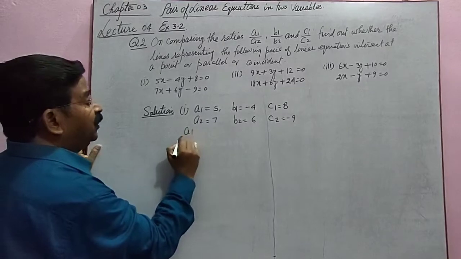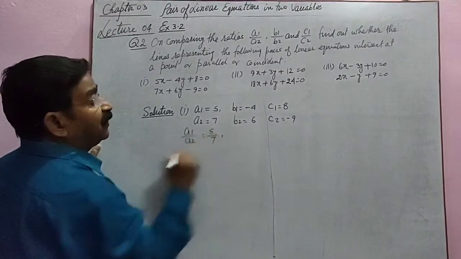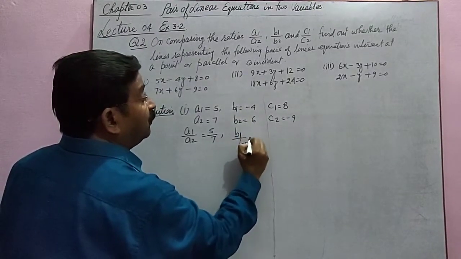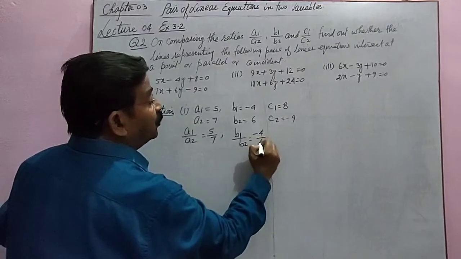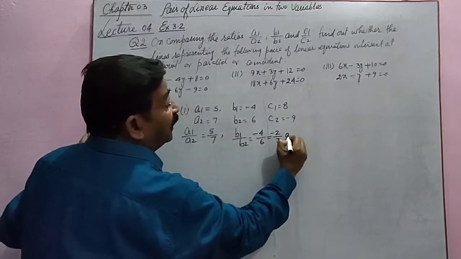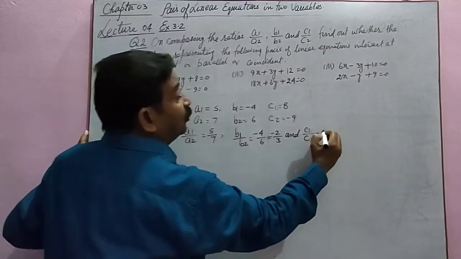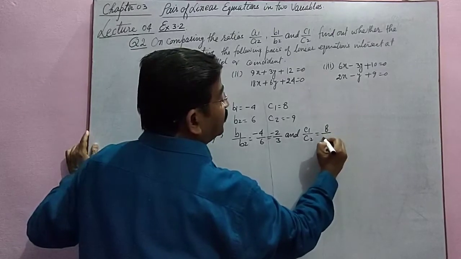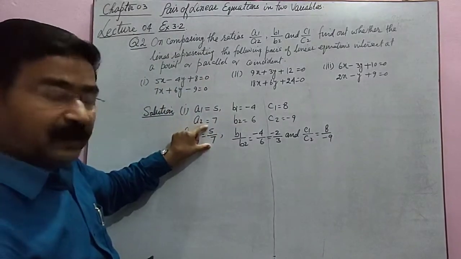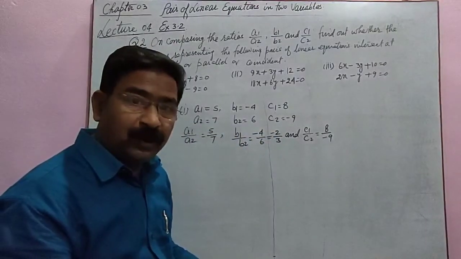See, a1 upon a2 is equal to 5 upon 7. b1 upon b2 is -4 upon 6, you can reduce this to -2 upon 3. And c1 upon c2 is equal to 8 upon -9. Let's compare. a1 upon a2 is 5 upon 7 and b1 upon b2 is -2 by 3. Are they equal?